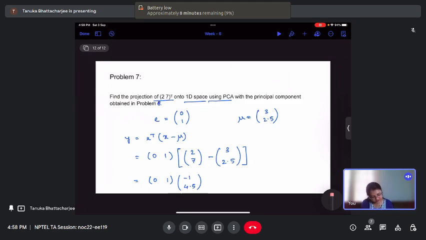If you take this inner product, you will get 4.5. So, this is the projection of (2, 7) onto 1D space using the PCA method with the principal component and mu obtained in our previous problem. So, the projection we got for (2, 7) is 4.5.